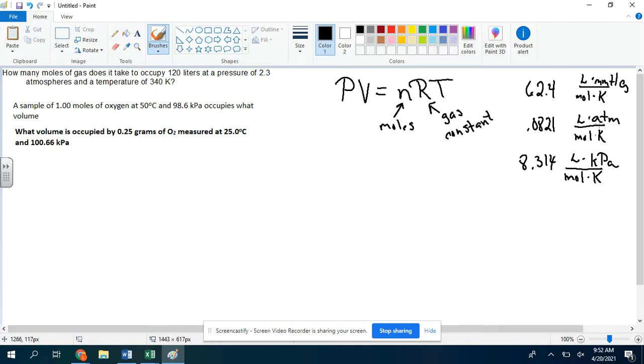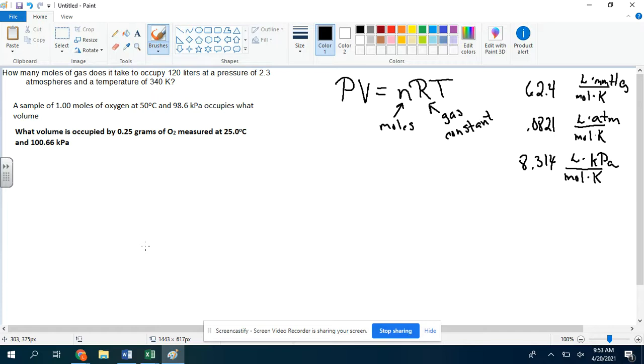Now, the one little difference is that before, you could use milliliters as your units for volume, as long as it was the same on both sides. That's not the case with the ideal gas law. Your volume has to be in liters. So every time you get a problem, you have to make sure that the volume is in fact in liters. Let me show you really quickly if it's not in liters.